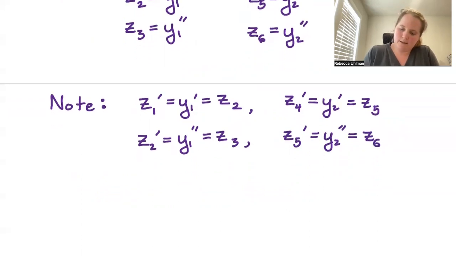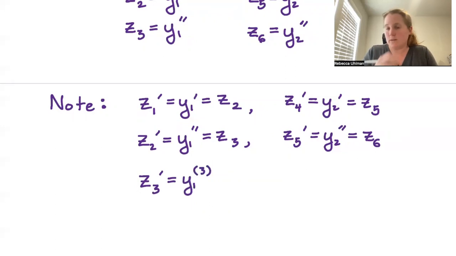Finally, z3 prime is just the third derivative of y1, which was the only other piece of y1 in our equation. And z6 prime is just the third derivative of y2.